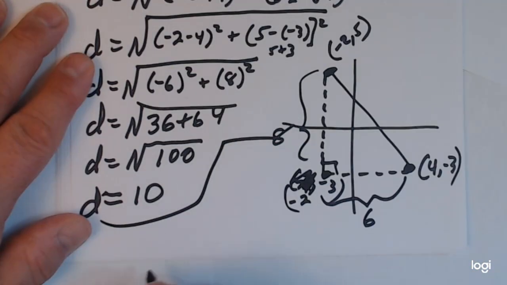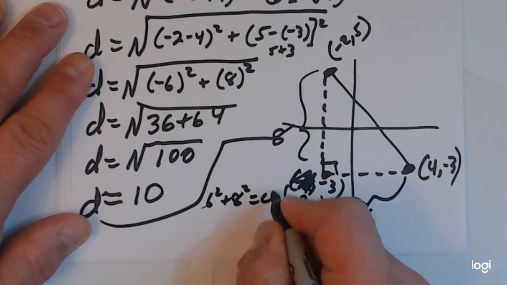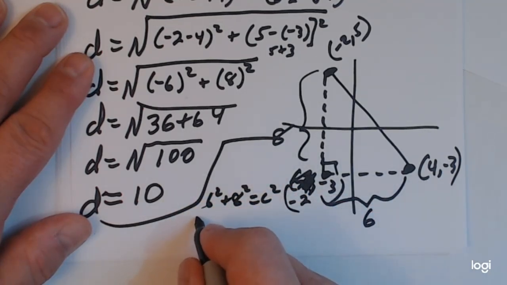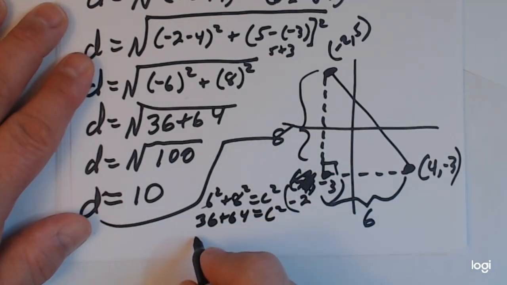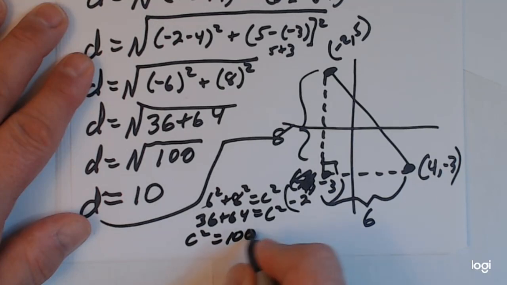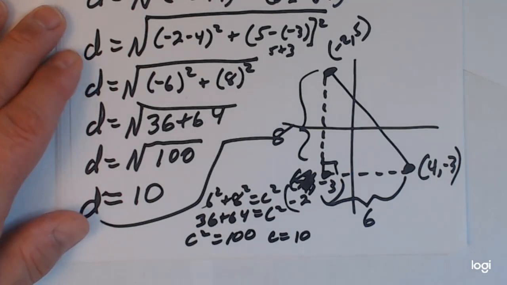So we would have 6 squared plus 8 squared equals c squared. 36 plus 64 equals c squared. C squared equals 100, so c equals 10. Gives you the same thing.